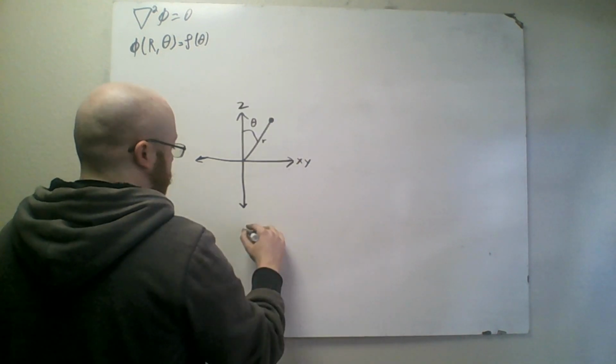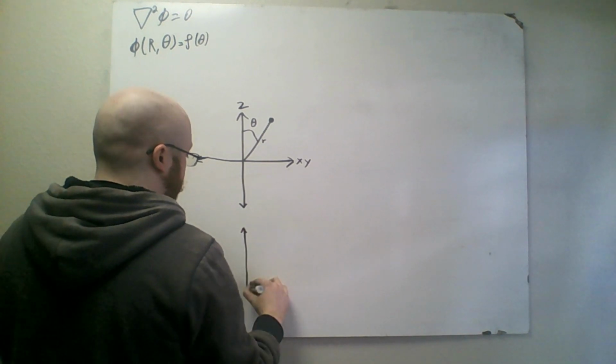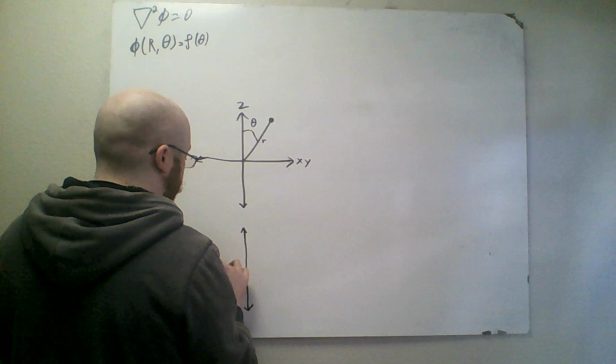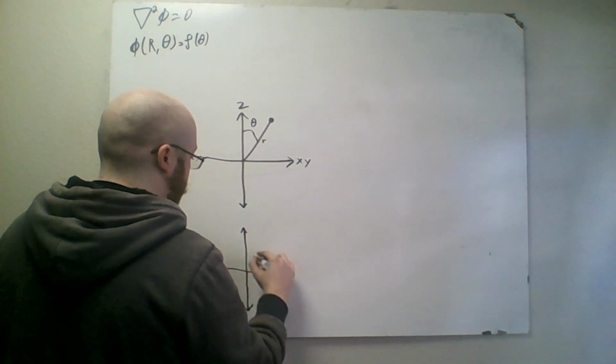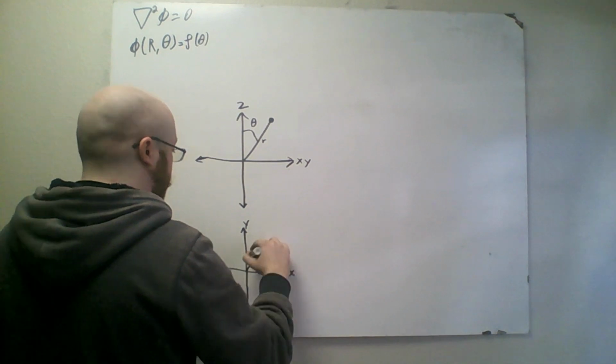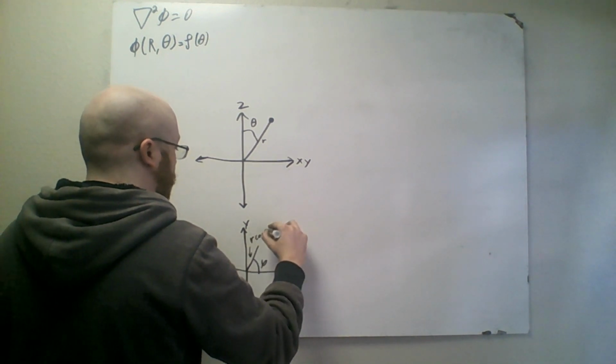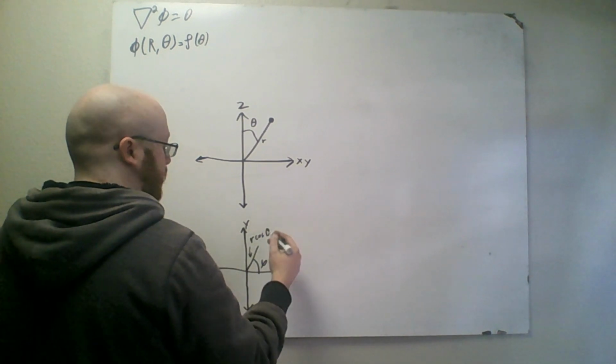And if we go back to more of this view, where the z is coming out of the page and you just can't see it, x, y, this is your phi, and this length here is r cosine.